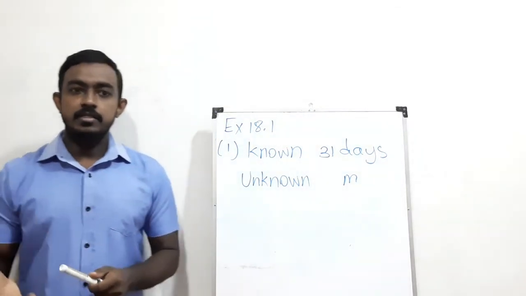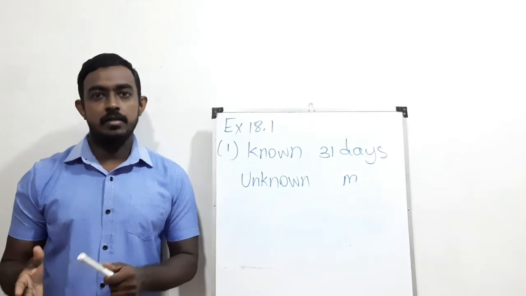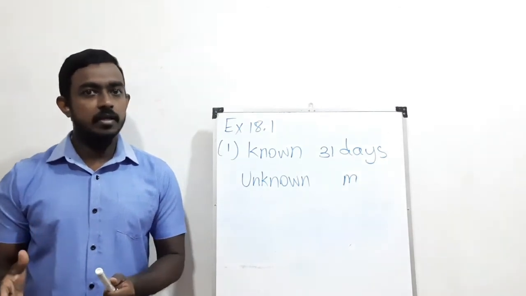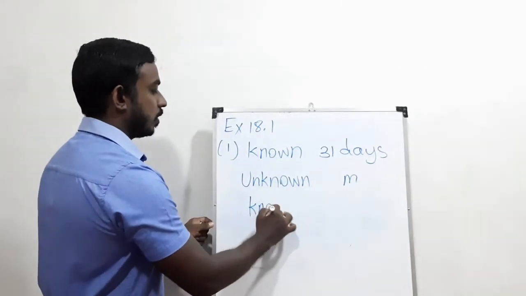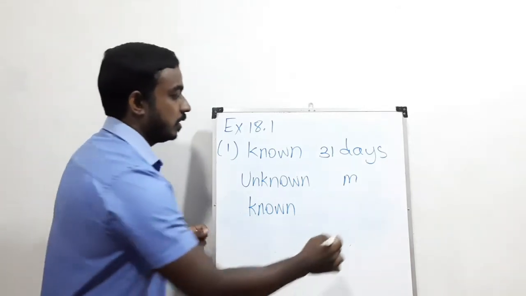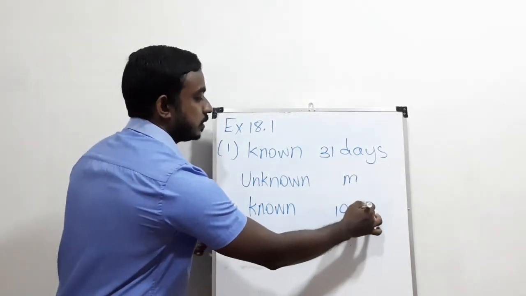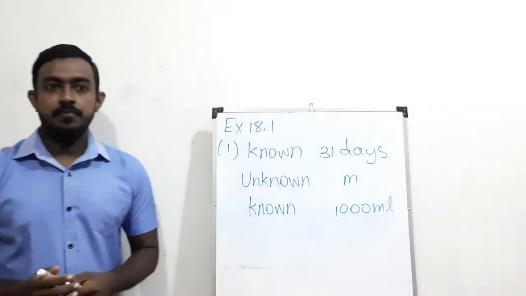Then the next one, the number of milliliters in 1 liter. We know that, so we write it as known: 1000 milliliters are in 1 liter.